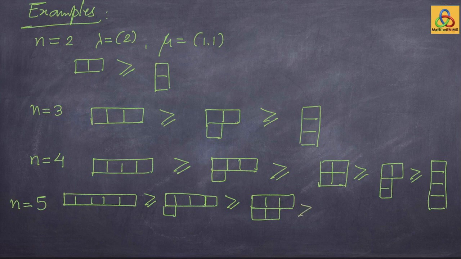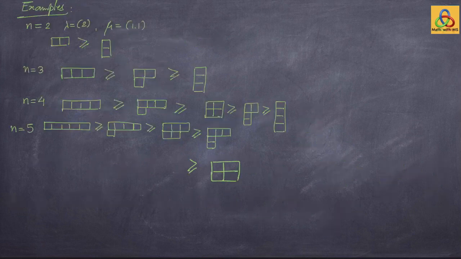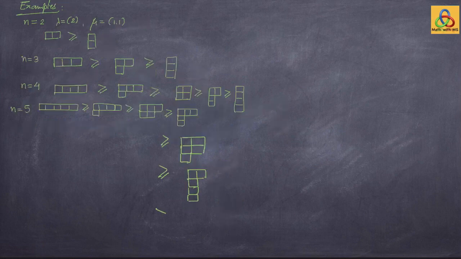And this is bigger than or equal to where you have 3 boxes in the first row, 1 box in the second row and 1 box in the third row, which is bigger than or equal to this partition, where you have 2 boxes in the first row, 2 boxes in the second row and 1 box in the third row, which is bigger than or equal to where you have 2 boxes in the first row, 1 box in the second, 1 in the third and 1 in the fourth, which is certainly bigger than or equal to the partition 1 1 1 1 1, which has 1 box in each row.